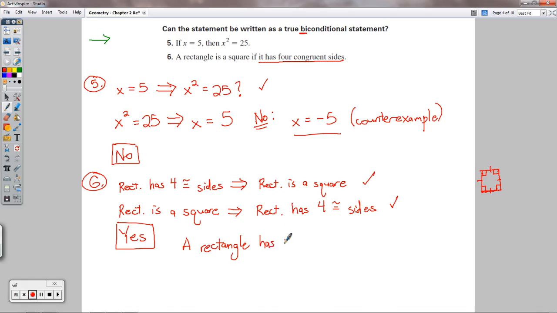I'll use some abbreviations here. So if and only if implies that it is a biconditional statement. We check the validity of the biconditional statement by checking both the conditional and the converse. And so if you had to write out the biconditional statement, it would look like that.